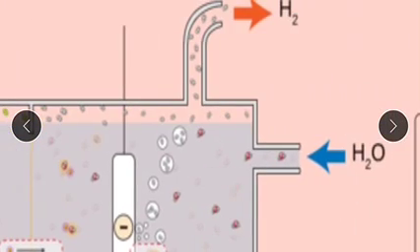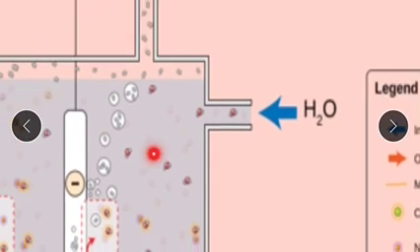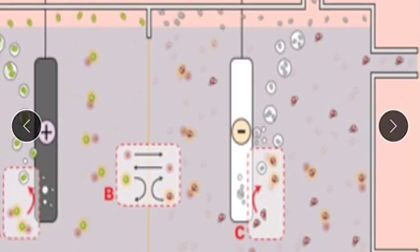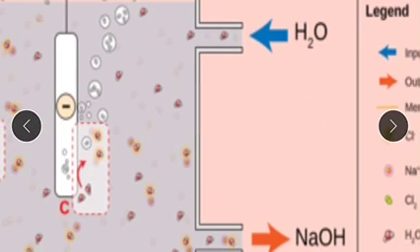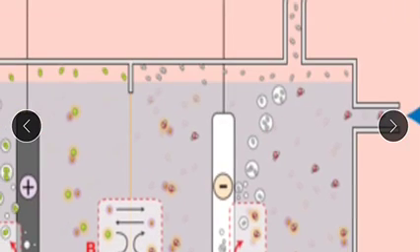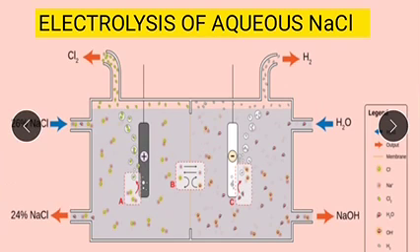At the same time, when the water molecule passes through here, it also dissociates into H plus and OH minus ions. The OH minus ions combine with the sodium plus ions and form sodium hydroxide, which comes out from the outlet. The hydrogen ions gain electrons and convert to hydrogen gas, which comes out from here.